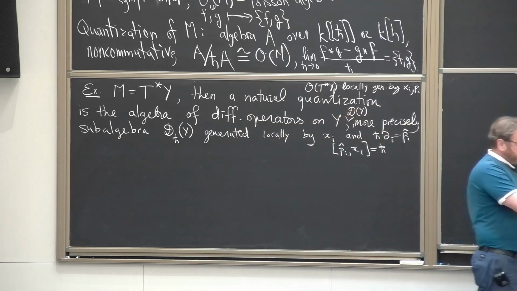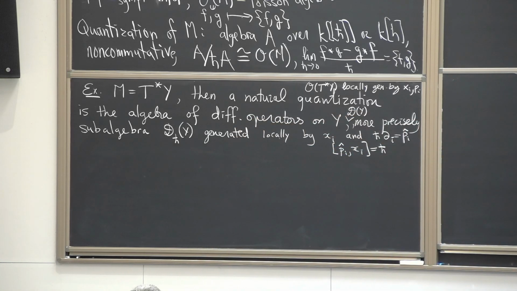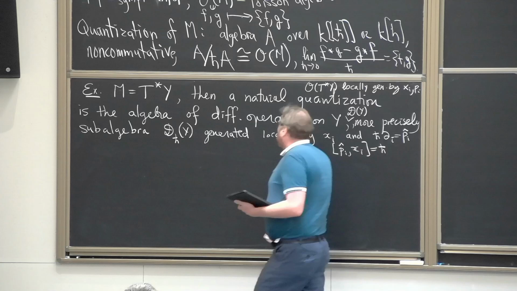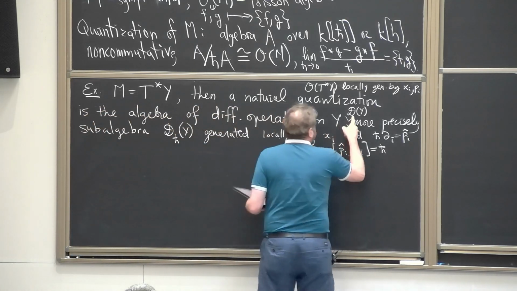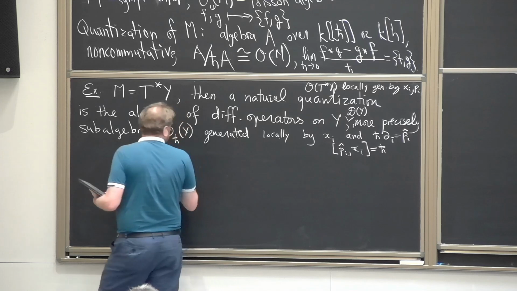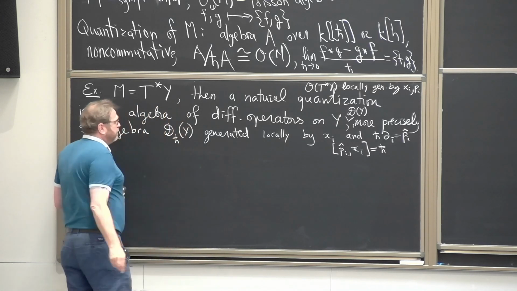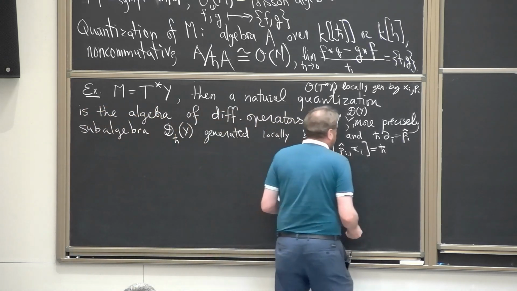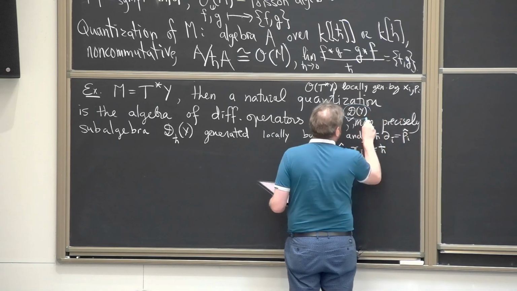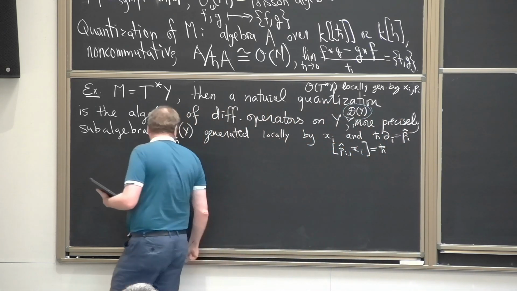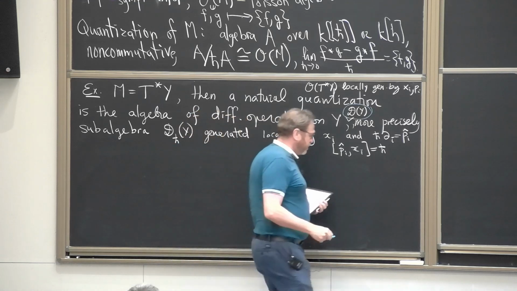In actual physics there are square roots of -1 in these formulas, but for my purposes it's not going to matter. So essentially, in this situation, you can rescale h bar to be 1. The upshot of this discussion is that quantization of functions on the cotangent bundle should be the algebra of differential operators.